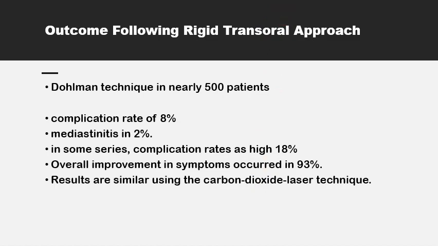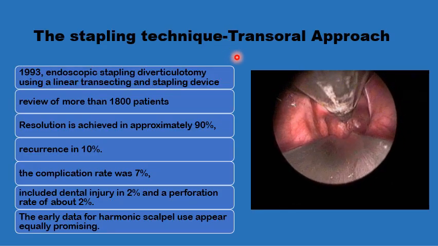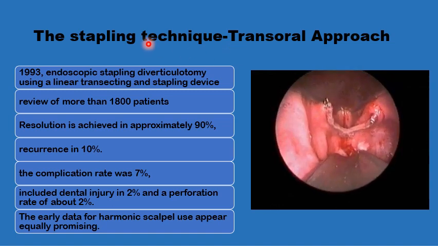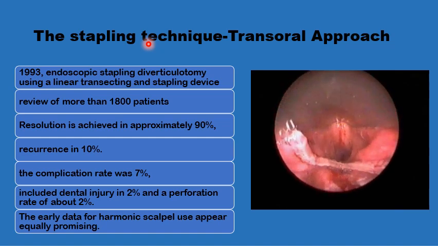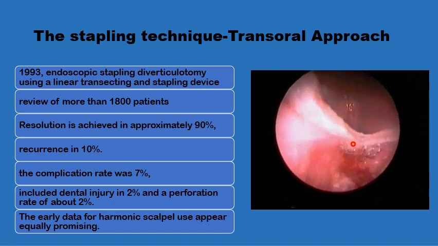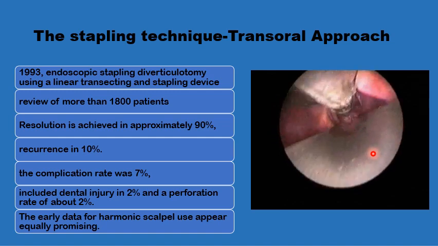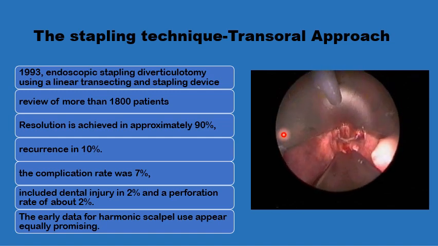containing the Cricopharyngeus muscle. Another way of doing the rigid transoral approach is the stapling technique. A stapler would be used that is going to cut and staple at the same time both sides of the incision. This is intended to reduce the incidence of perforation and a leak that may cause mediastinitis.